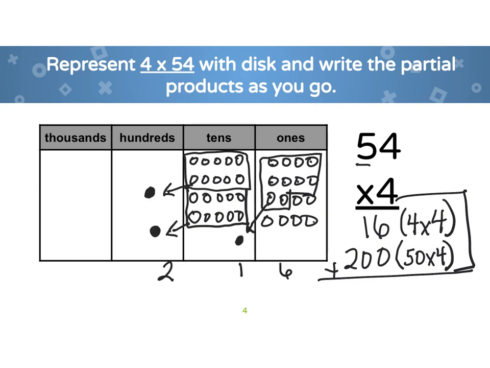Okay, on my disks, after I did my regrouping, I then had 2 hundreds, 1 ten, and 6 ones. So let's add this up and see if my disks are actually represented in my problem. So 6 plus 0 is 6, 1, and 2. My answer is 216. So partial product is actually just showing you what you do in each step.